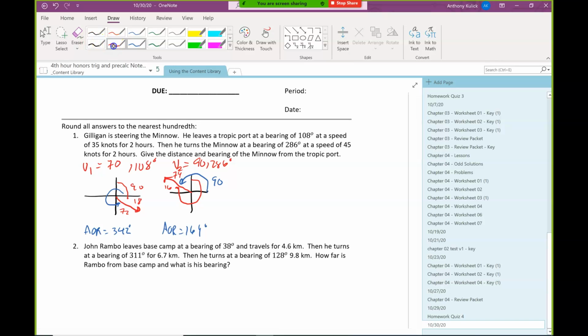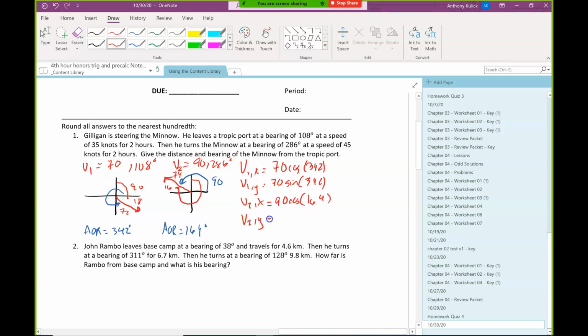Okay. Now we'll just resolve each of these into component form. V1x is going to be 70 cosine of 342. V1y is going to be 70 sine 342. V2x is going to be 90 cosine 164. And V2y is going to be 90 sine 164.